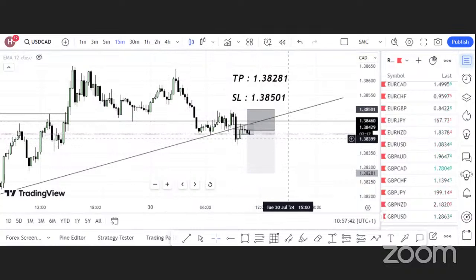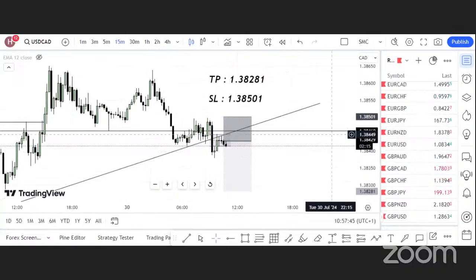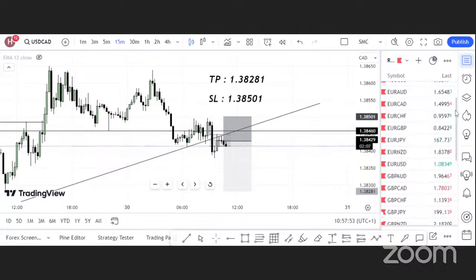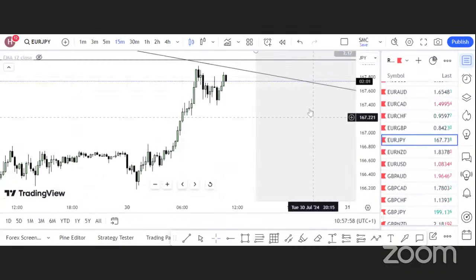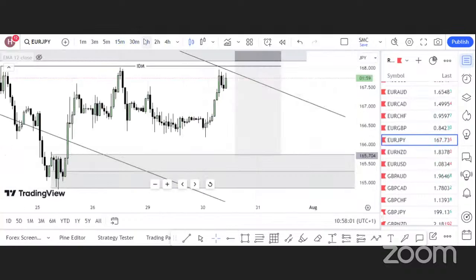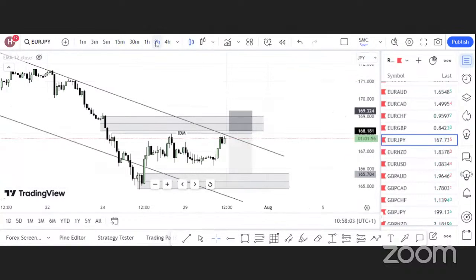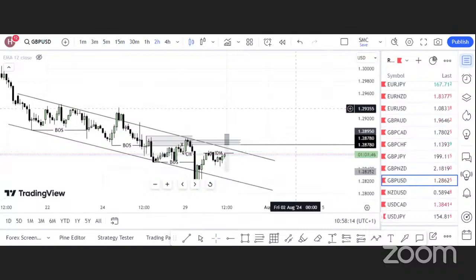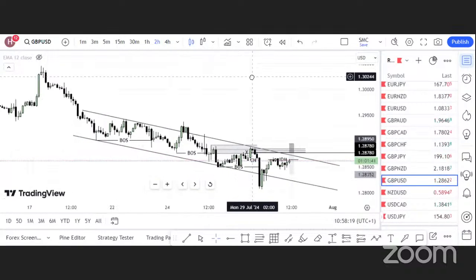So yeah, let's quickly check our previous analysis to see if we have an entry. So we have analysis on, I think it was Euro JPY. Yes. Okay. So there's no entry yet. And then we also have an analysis on GBP USD. Okay.